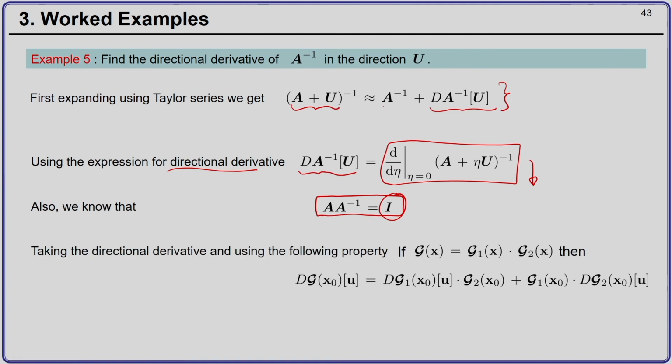If you remember the second property of directional derivative that we discussed, that if g is a nonlinear function which is a product of two functions g1, g2, then the directional derivative of g at point x0 in the direction u was the directional derivative of g1 at x0 in the direction u multiplied by g2, plus g1 multiplied by the directional derivative of g2 evaluated at x0 in the direction u.